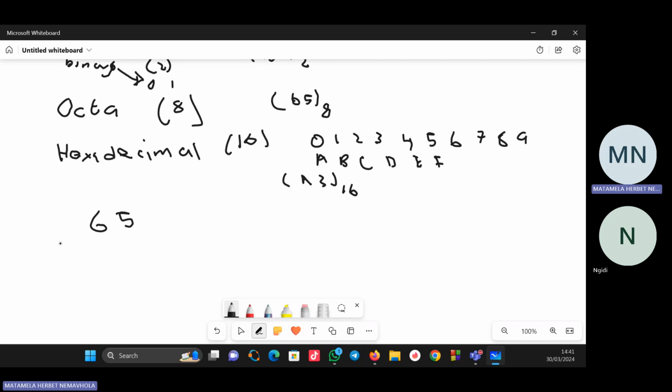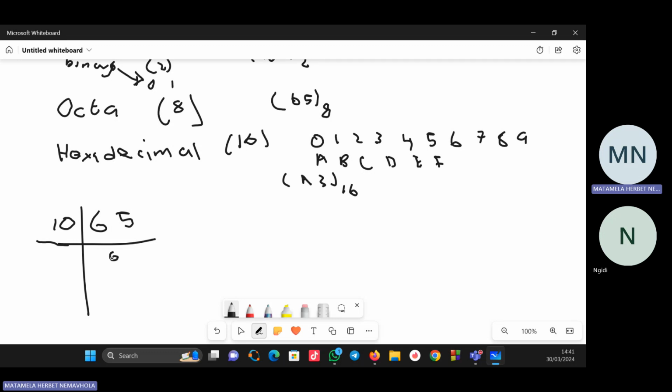Since it's based on 10, you can use a table. The table is a nice way. You divide by 10. How many times does 10 go into 65?